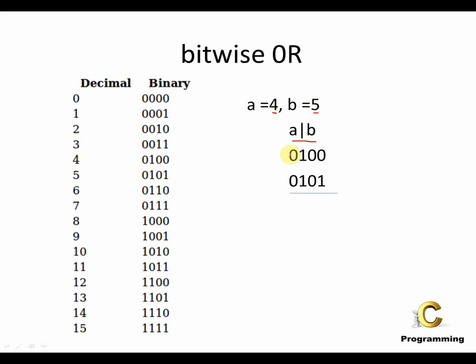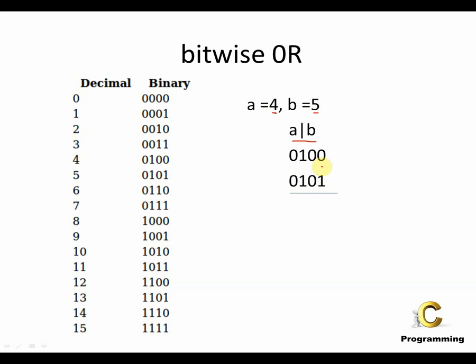So A is 4 and 4 in binary is 0, 1, 0, 0. And B, which is 5, in binary is 0, 1, 0, 1. So let's perform a bitwise OR on this.